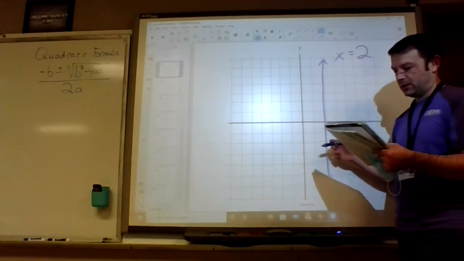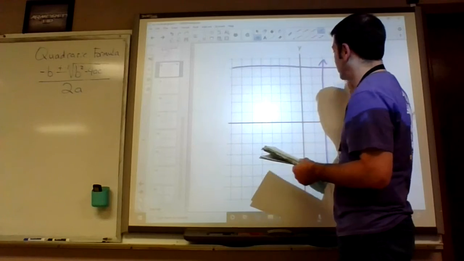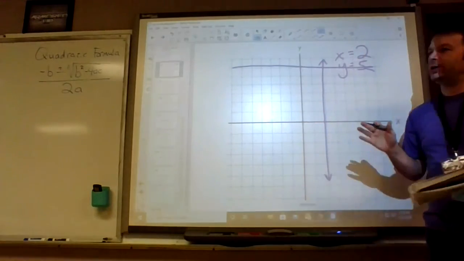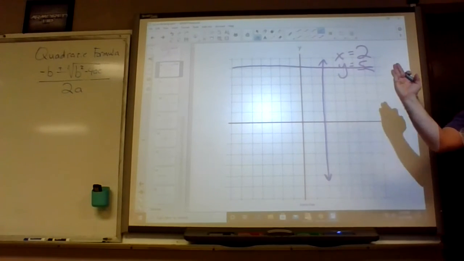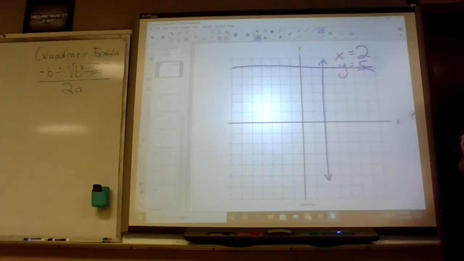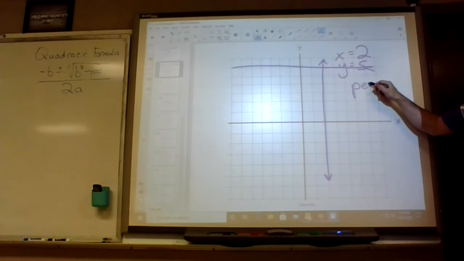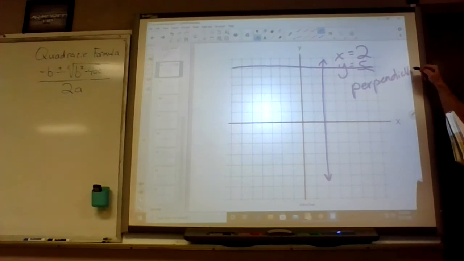And the other equation is y equals 5. Okay, those are the equations. When you have vertical and horizontal lines, they're just weird. Are they parallel or perpendicular? Perpendicular. Wow, 34 was easy. That's probably the easiest one.